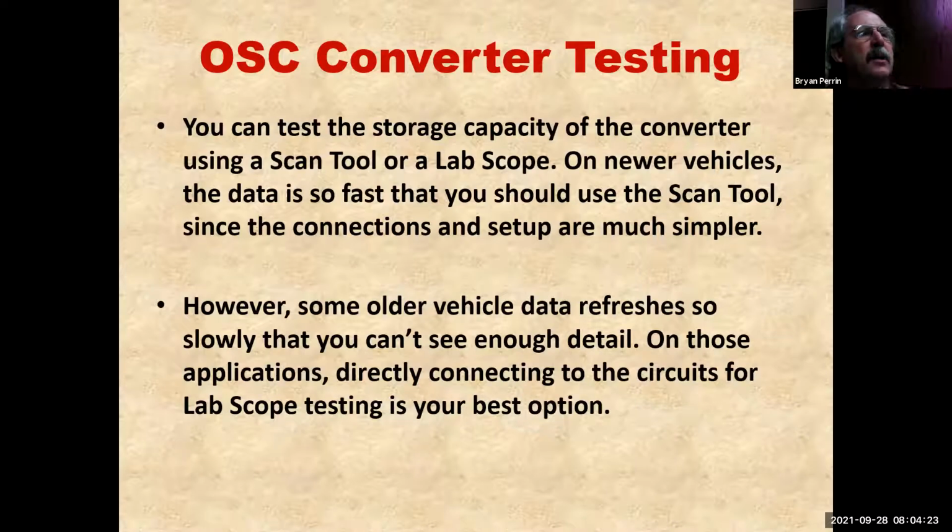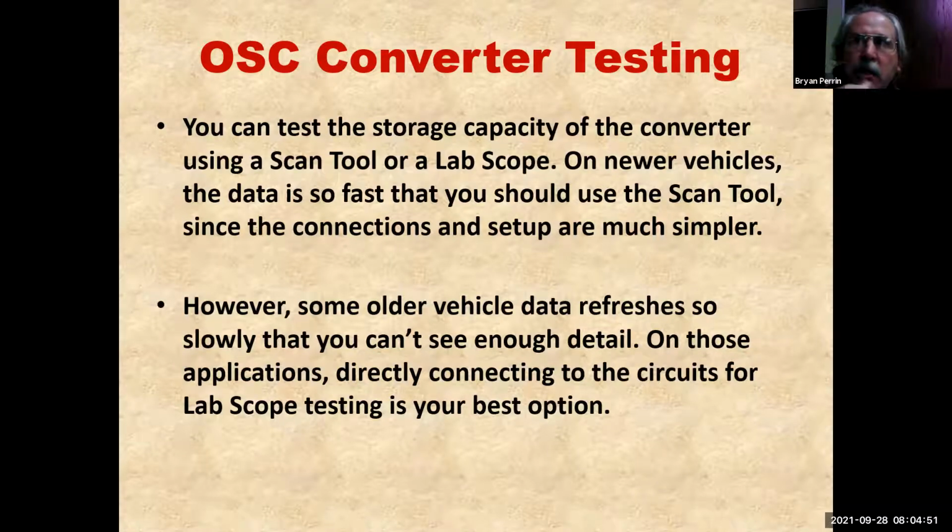So you could test the oxygen storage capacity using a scan tool or lab scope. On newer vehicles, the data is so fast you should use a scan tool, since connections are much simpler. So for anything 2008 and newer, we're going to want to be using the scan tool. If I go before 2008, it depends on what kind of car I'm working on. Some of the European vehicles that use an ISO 9141 protocol, you'll see that the frames of data take 700 milliseconds to a second between each frame of data.